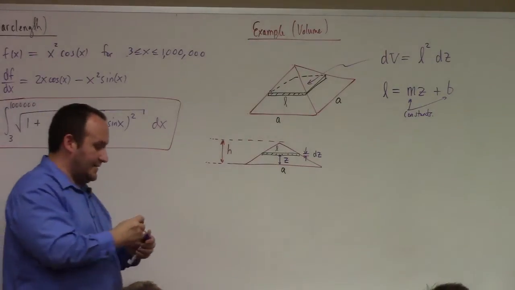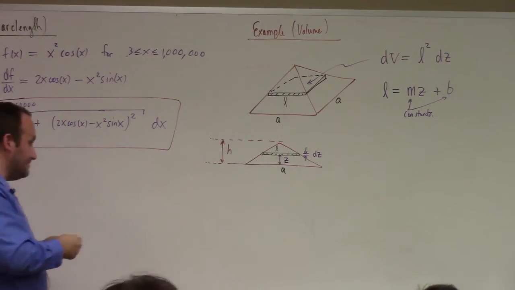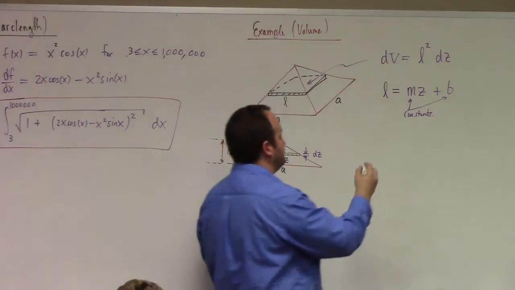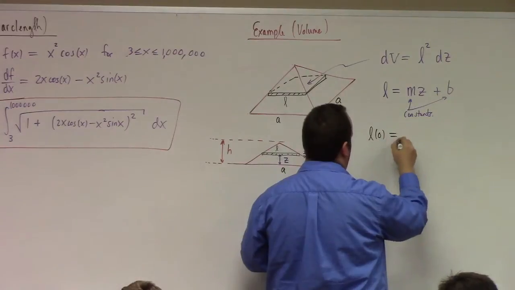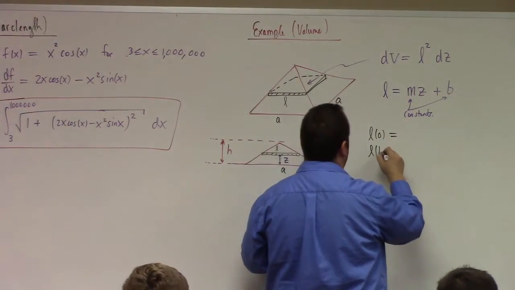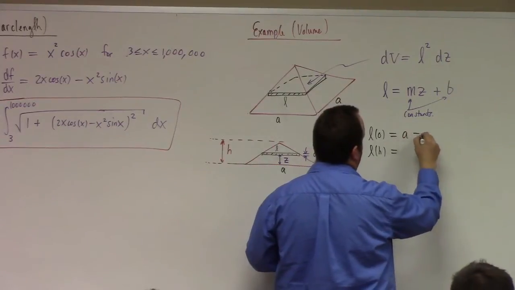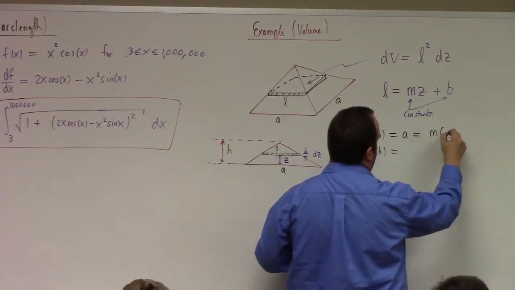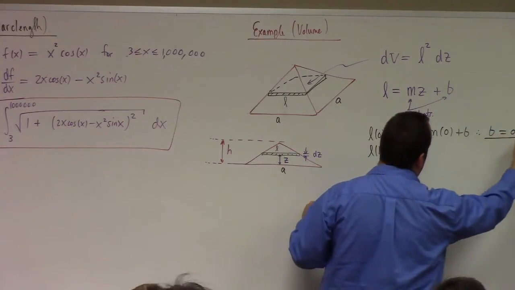Now we have some data. We know L of 0 is what? We know L of h is equal to what? L of 0 is a. That's also equal to m times 0 plus b. So therefore b is in fact equal to a.